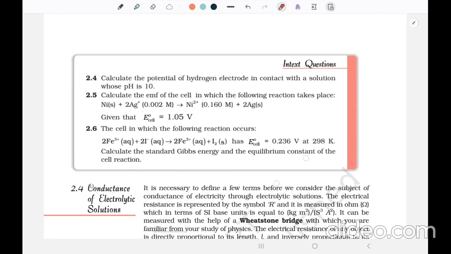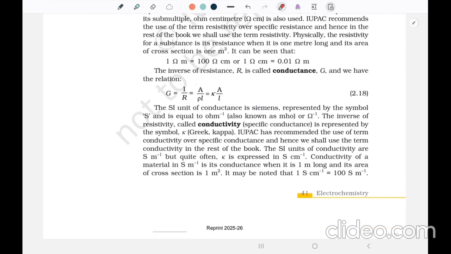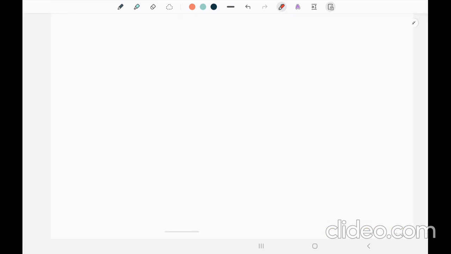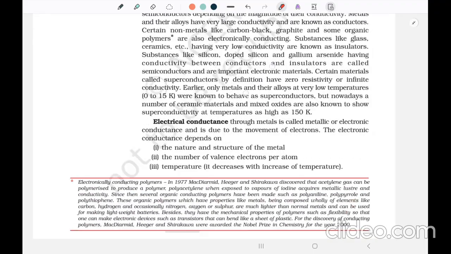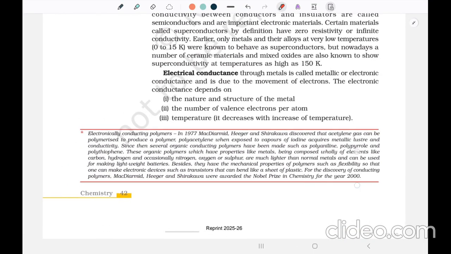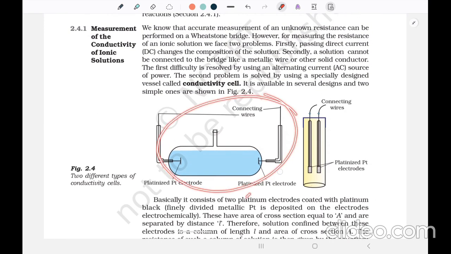And today we have understood some basic terms regarding conductivity, and we learned the formulas of conductivity and resistivity and their units, and we also studied electrical conductance and the factors which affect electrolytic conductance. And this is done. This is the conductivity cell.